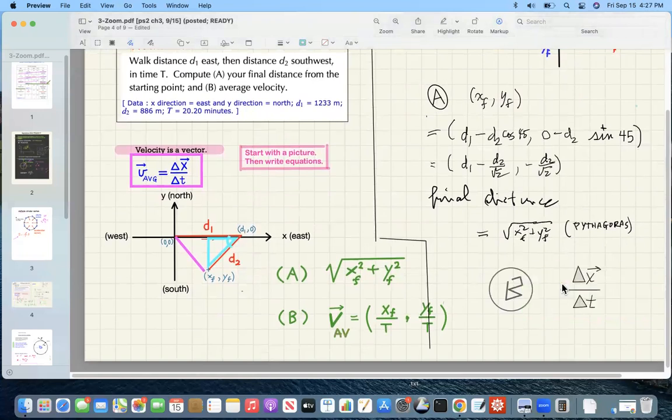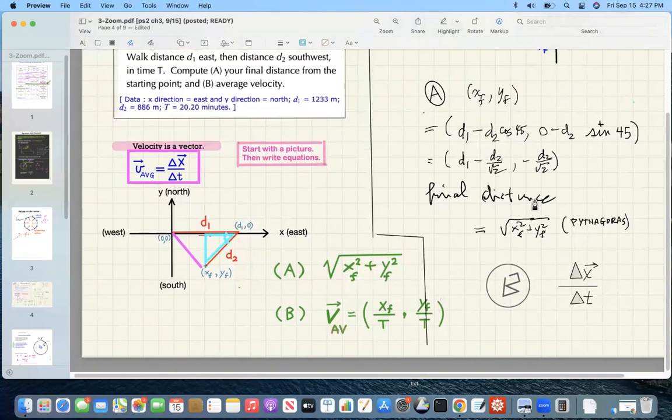And as for the velocity, well, it's just the final displacement, I should say. It's the x displacement divided by t. And the other component is the y displacement divided by t. So see, the answer to part B will have two numbers.